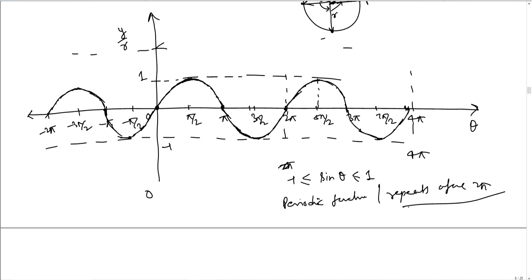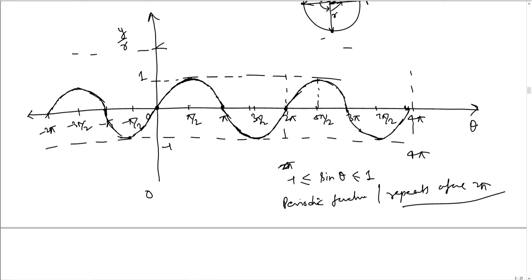Is the function symmetric around the y axis? No, not really. You can't say the function is symmetric because as you are increasing values of theta in the positive direction, the value of the function is increasing, but in the negative direction, the value of the function is decreasing. So, you can't say it is symmetric. Although, you can say that basically the same property is extending in the negative direction.